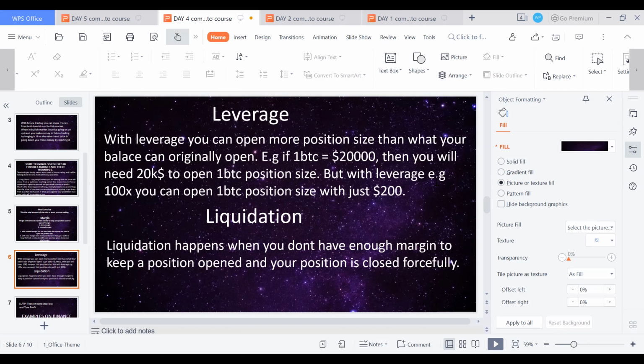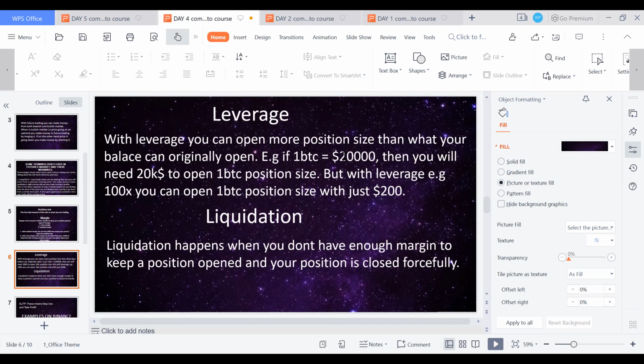But with leverage, for example 100x, you can open one BTC position with just $200. Now, this leverage is just like your broker backing you up, borrowing you money to open more position. If you're using 100x, that means you can open 100 times more than what your balance can open.